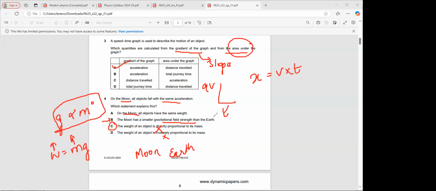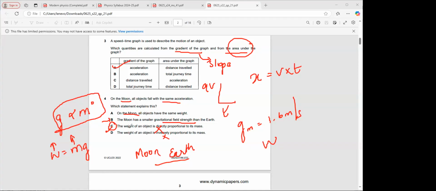Since there isn't any comparison, acceleration due to gravity on the moon is 1.6 meter per second squared. So this is constant. So if there isn't a mention of the Earth, C can be the right answer.